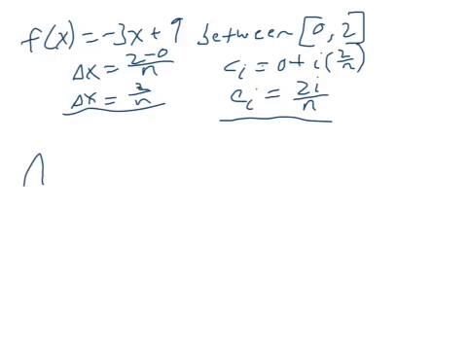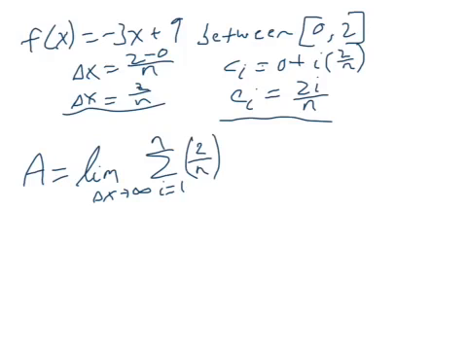So the area is the limit as n approaches infinity, summation for i equals 1 to n. Our delta x is 2 over n, and then times f at 2i over n.